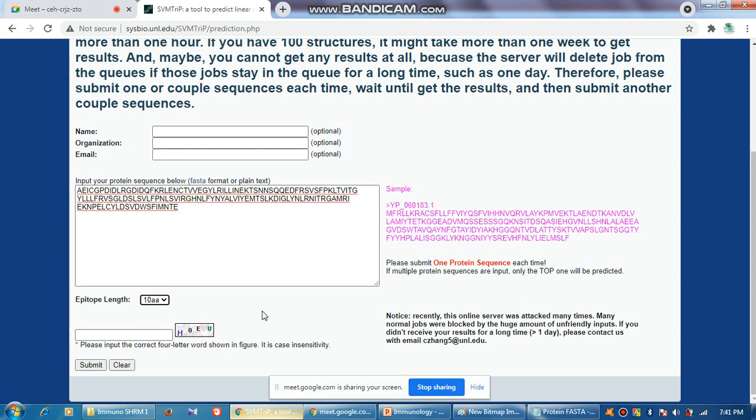One by one we will find out what the different epitopes are. First we will find 10 amino acids long, then we will put 16, then we will go to 20, one by one.